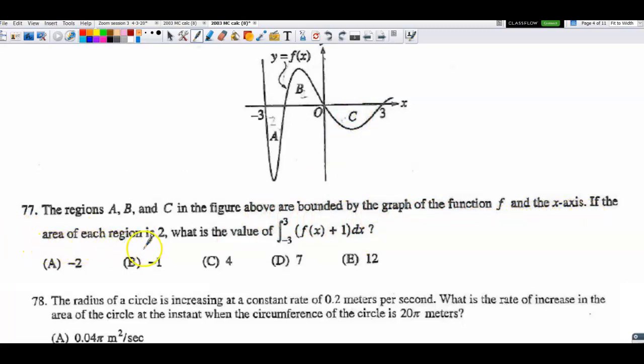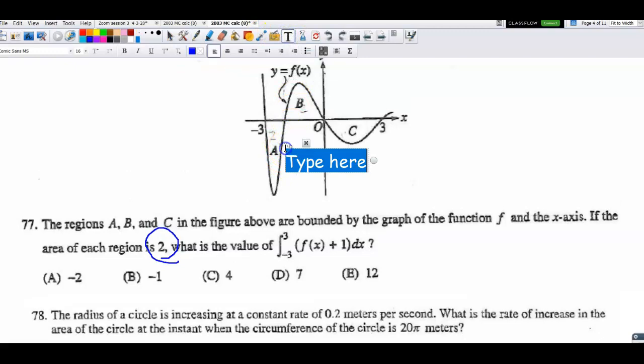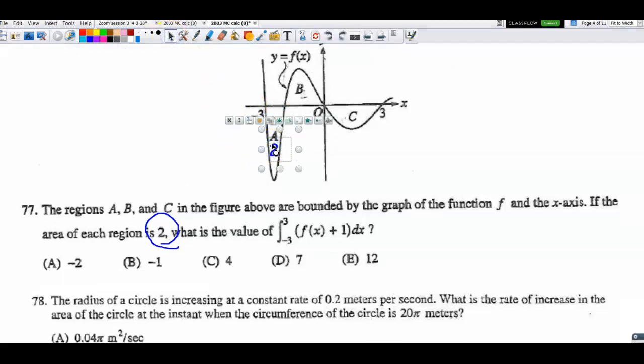If the area of each region is 2, so in other words, this region A has an area of 2, B also has an area of 2, and C also has an area of 2, what is the value of the net area from -3 to 3 of f of x plus 1?